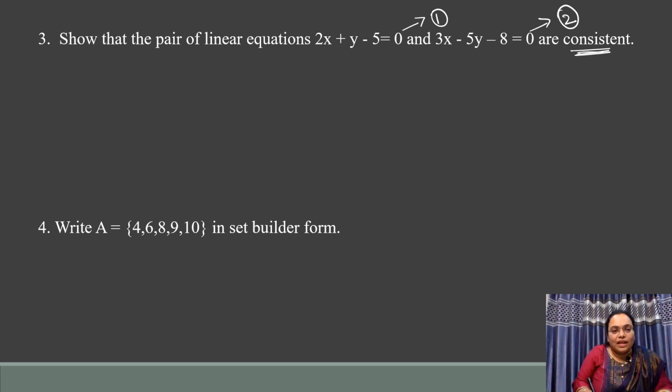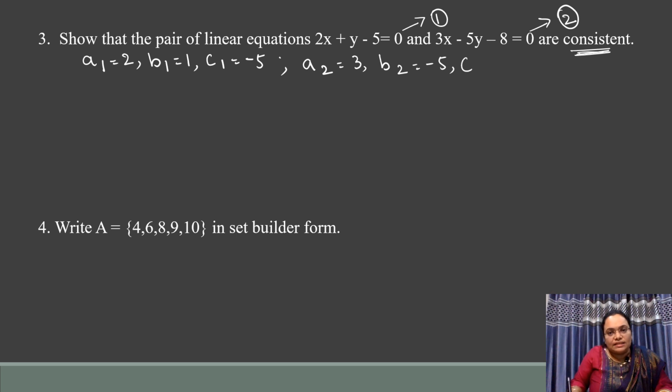Okay. Now let us see from the given pair of linear equations, comparing these two equations with the general form: A1 is equal to 2, B1 is equal to 1, C1 is equal to -5, A2 is equal to 3, B2 is equal to -5, C2 is equal to -8.